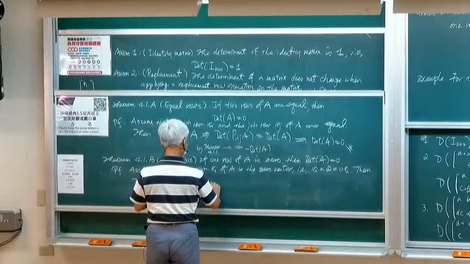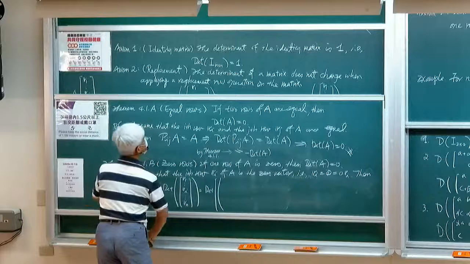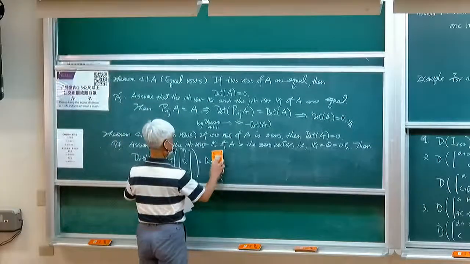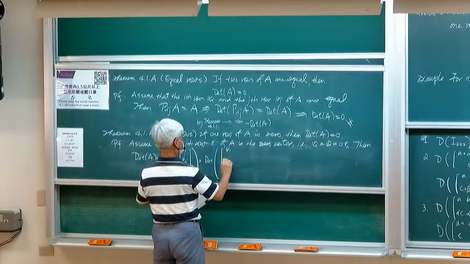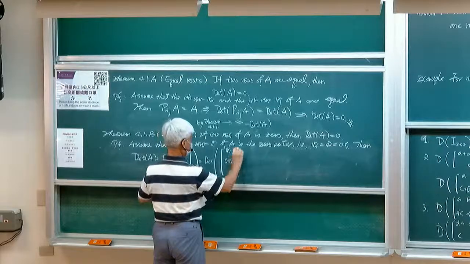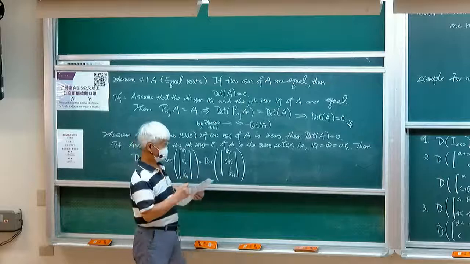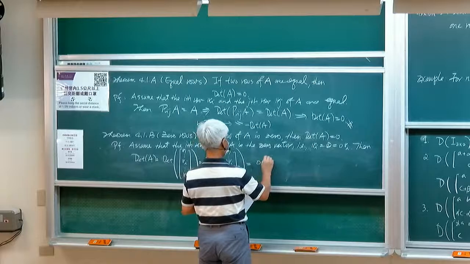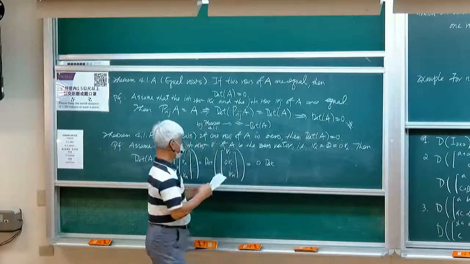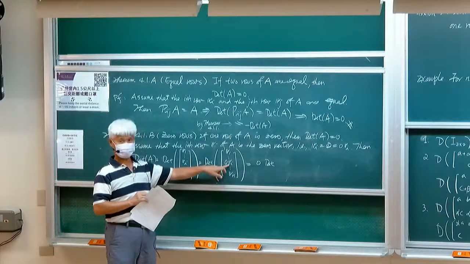Then it's equal to determinant of R1, 0 times Ri, Rn, because Ri is equal to 0 times Ri. Alright, so this is equivalent to you multiply the ith row with 0.